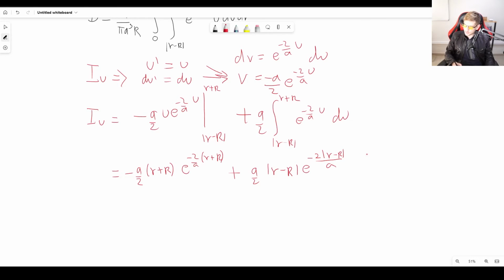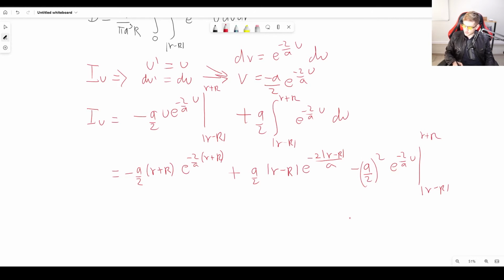And now for this one, we get minus a over 2 squared, right? Because when we integrate this, we get another factor. And we get e to the minus 2 over a u evaluated between these two boundaries.